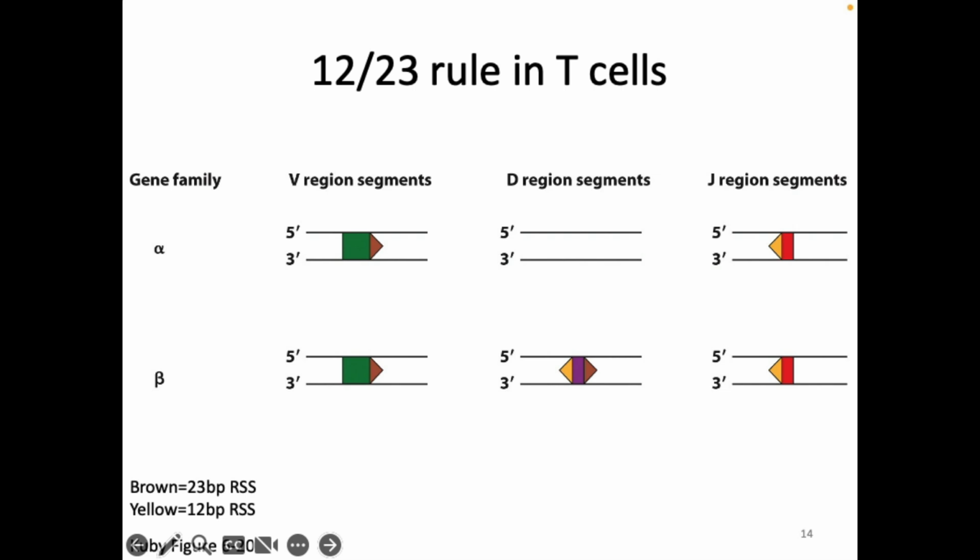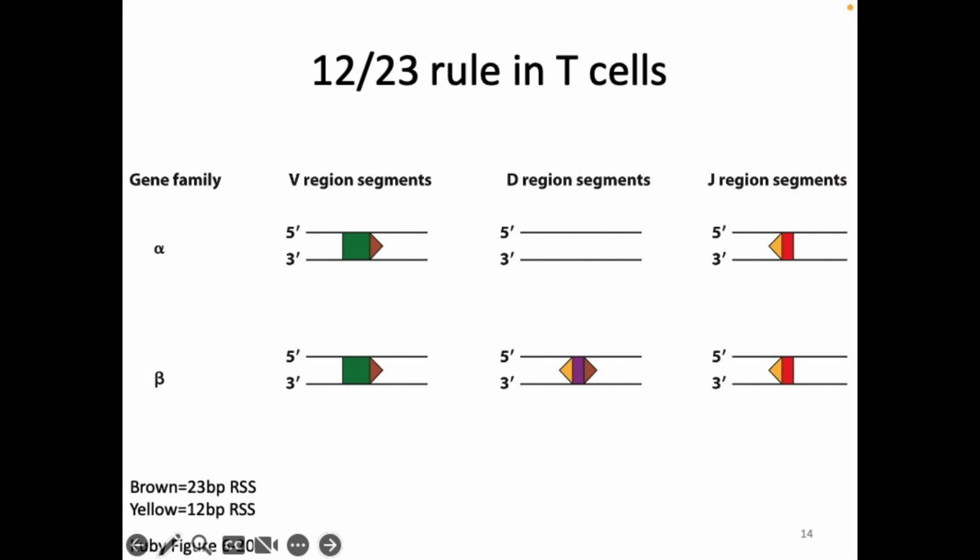So now if we think about what we would see for a T cell heavy chain, which we'll say is beta in this case, here's what it looks like.